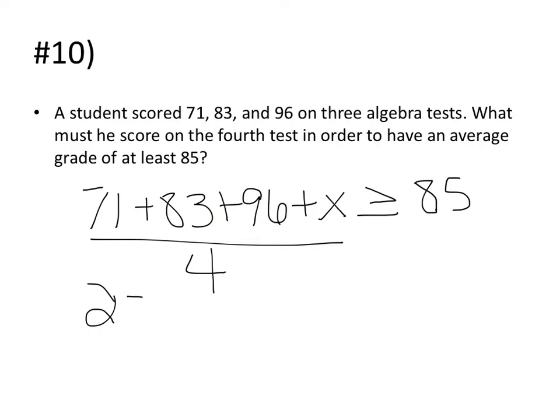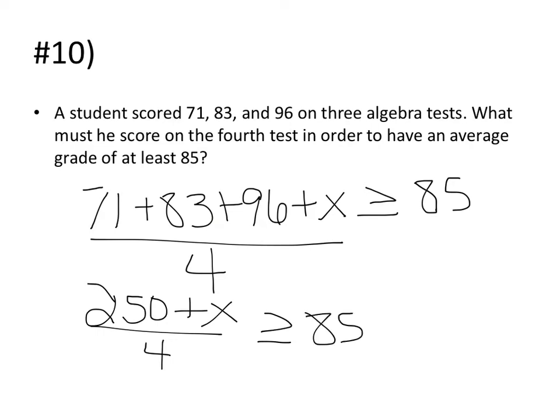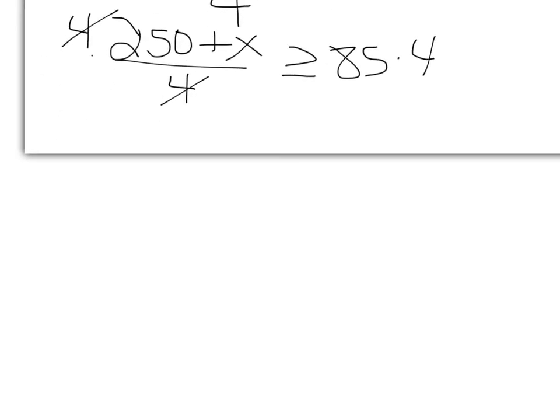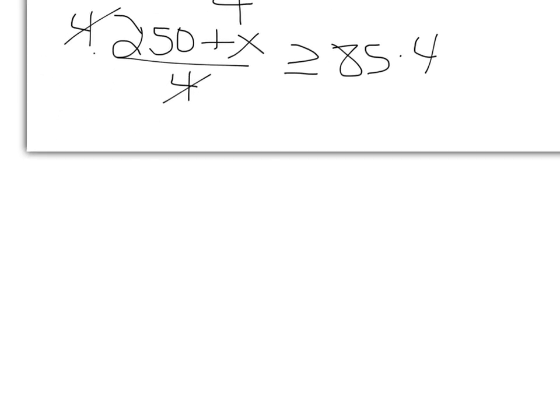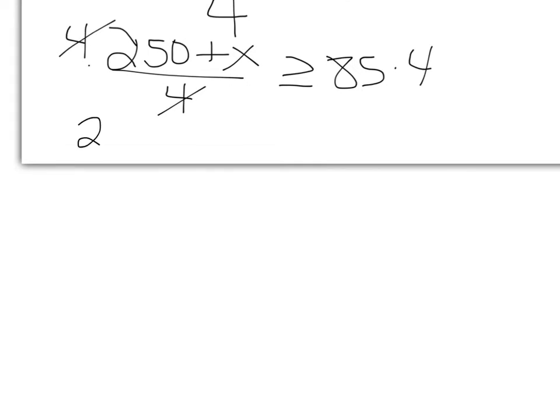So you have 250 plus x over 4 is greater than or equal to 85. Okay? So I'm going to multiply 4 by both sides to get rid of my fraction. So you've got 250 plus x is greater than or equal to 340.